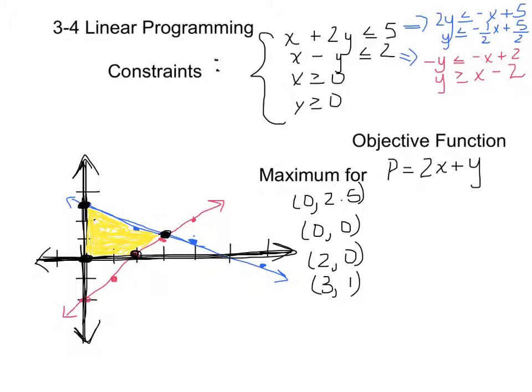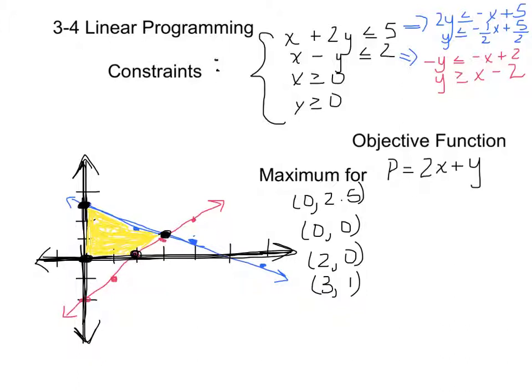If you don't use graph paper, you can mess up your vertices, so you want to make sure you use graph paper to help you when you're looking for all of your vertices. What you're going to do is take these vertices and plug them into your objective function.